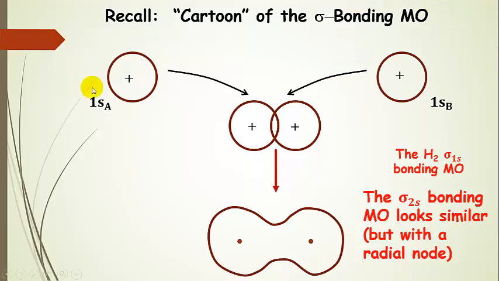So this is the 1s on one hydrogen, the 1s on the other. And we're going to mix, overlap, they both have the same phase, so they have constructive interference, and we're going to form the bonding molecular orbital. The sigma 2s bonding MO looks really similar, but it has a radial node on each side. Now we're not going to get into that, but the overall shape is very similar.